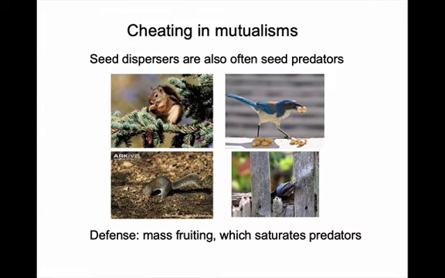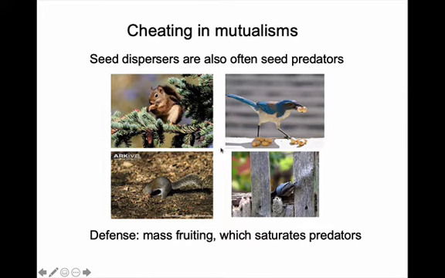Here's cheating on the part of mutualisms with seed dispersers. Okay, so here are squirrels, and you've got them eating seeds, and here they're caching seeds for later. This one's storing them, this one's storing them, and they're going to save them for later.